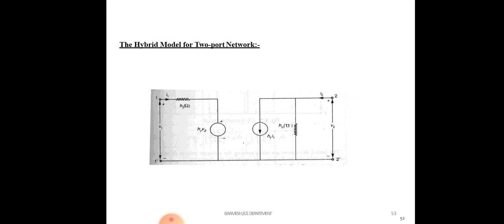Here we are not representing any particular configuration; generally this is a structure for a transistor. On the input side we represent the input resistance. By using those two equations we can draw the h parameter model.